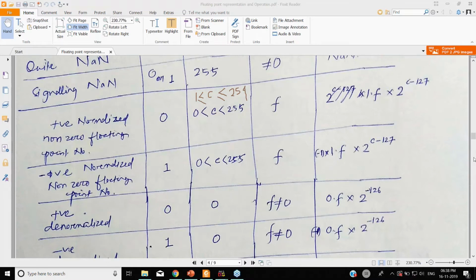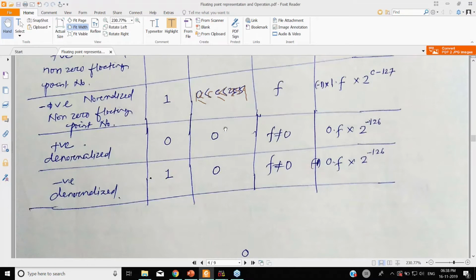There was another possibility that we have already discussed, called the denormal number. When the exponent is 0, you use the exponent as minus 126. This is what is called a denormalized or denormal number. According to the sign bit it may be positive or negative.